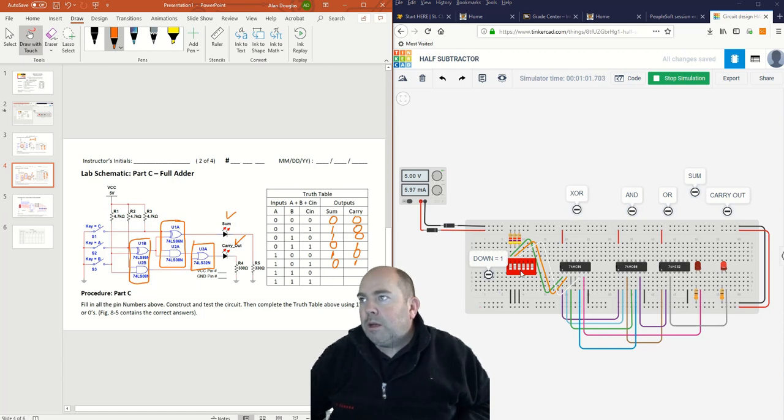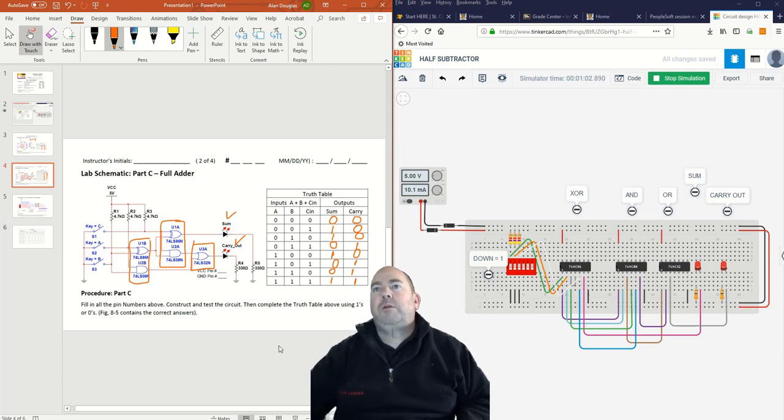A and B is carry only. And then all 3 of them is the one that gives us both lights. Okay, so that is our truth table for part C.